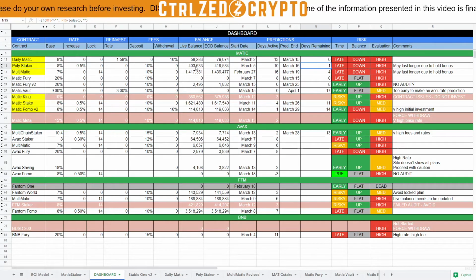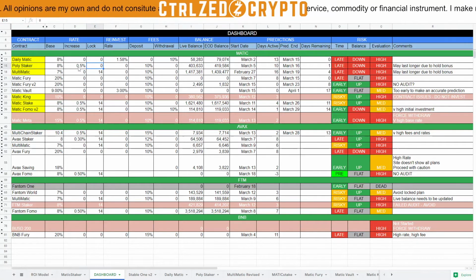But let's have a look. So the live balance at the moment is 403,000. It's a slight drop from this morning, and that's not danger territory. That's a moderate drop, but we are fairly late. We're 10 days into the contract, and it is a contract that allows daily withdrawals. So you can see there's no lock in there.